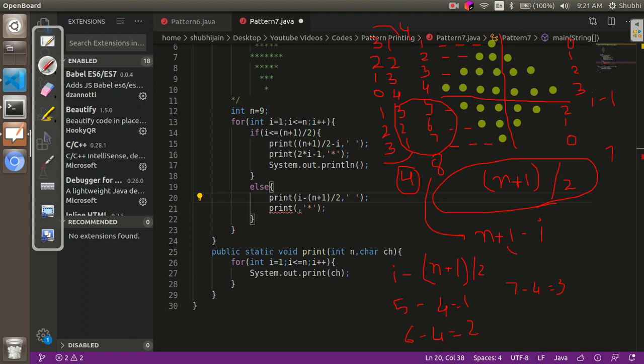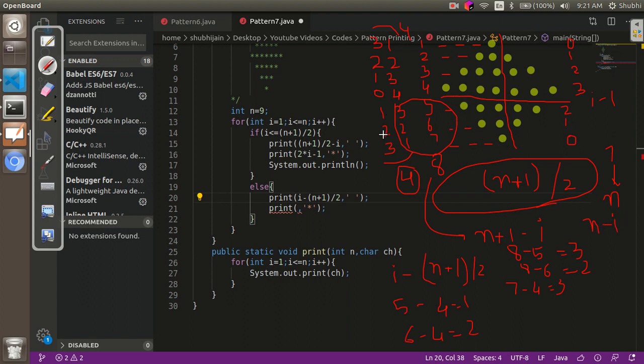Over here, n plus 1 is 8. When I is equal to 5, the number of characters being printed becomes 3. When I is equal to 6, the number of characters being printed is 2. And for 7, it will be 1. Now for the second half, the sum comes to be 7, which is equivalent to our number of rows. So over here, the number of characters being printed will be directly equivalent to n minus I.